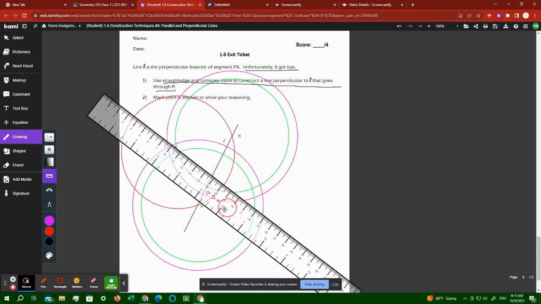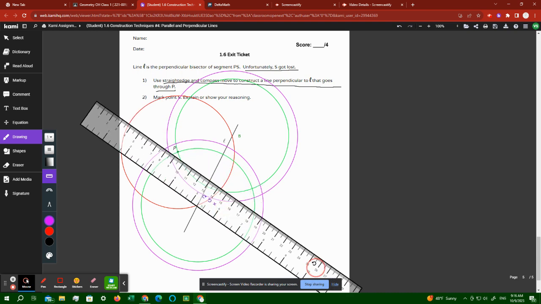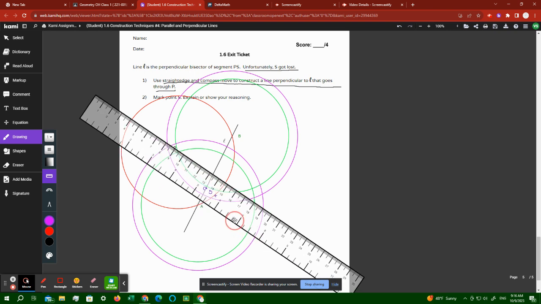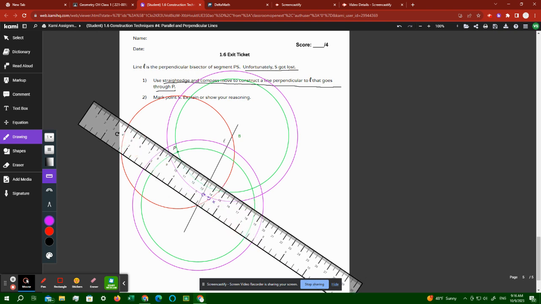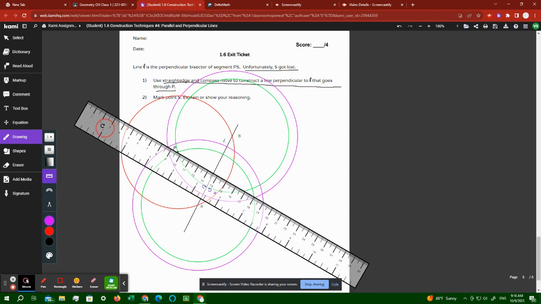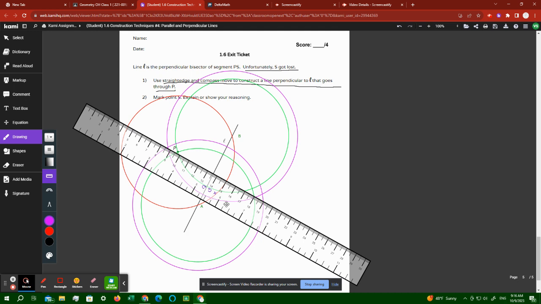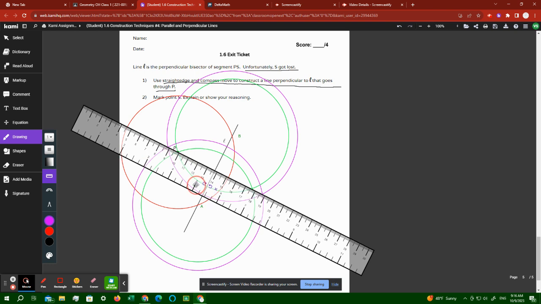So if you notice, all these intersections here are going to be passing through the same point. A little bit more. So if you notice here, this intersection and that intersection.